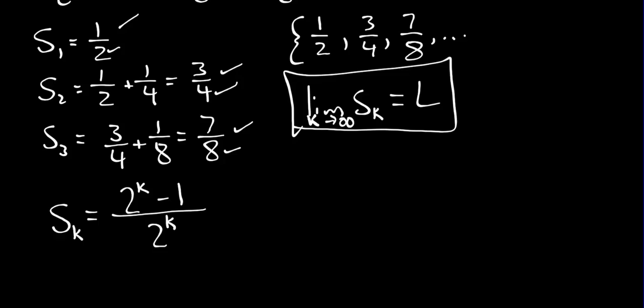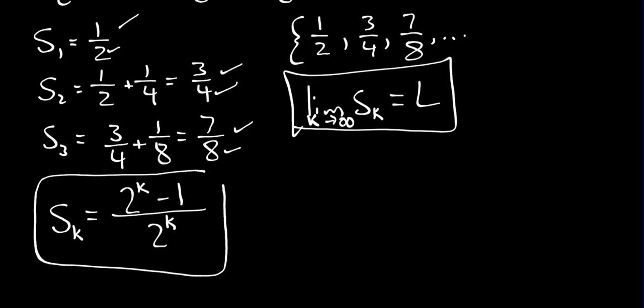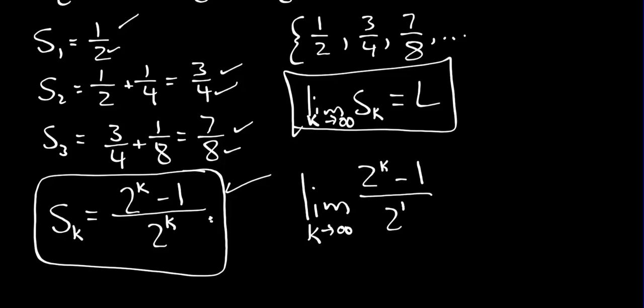We want to know, does that series converge? Well, the answer to whether or not that series converges is found in finding this limit. If this limit right here exists, that means that series converges. So let's see if that limit does exist. We take the limit as k goes to infinity of (2 to the k minus 1) over 2 to the k.